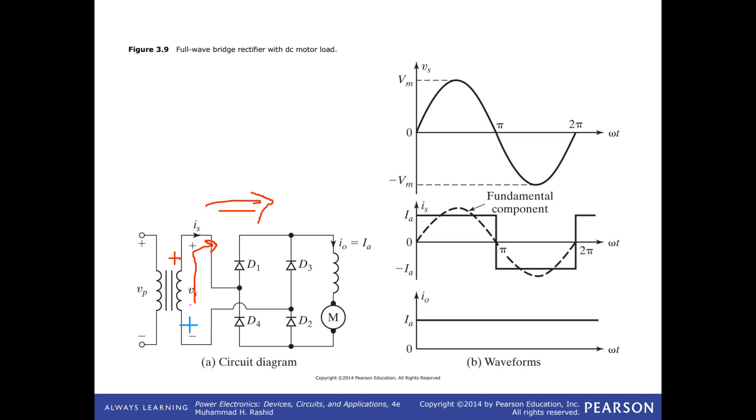Product is positive. So for this one, energy is in this direction. For that one, energy is in this direction. That is why the energy is always from the rectifier supply side to the load side.